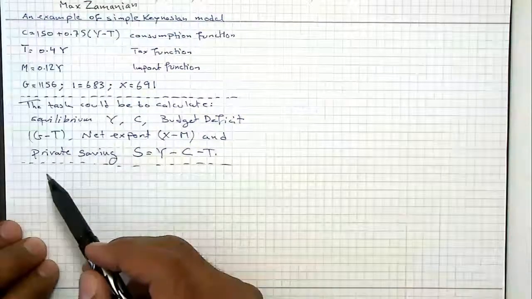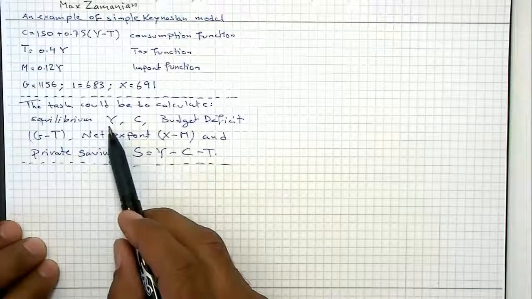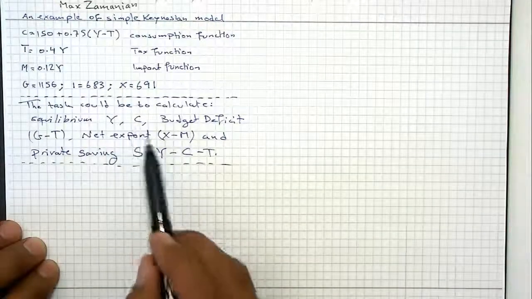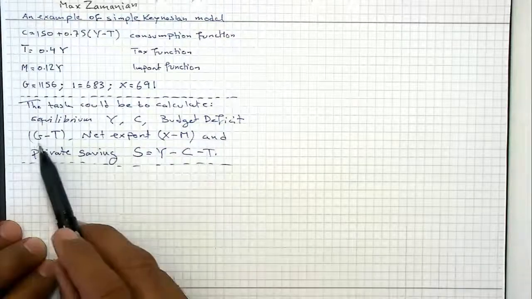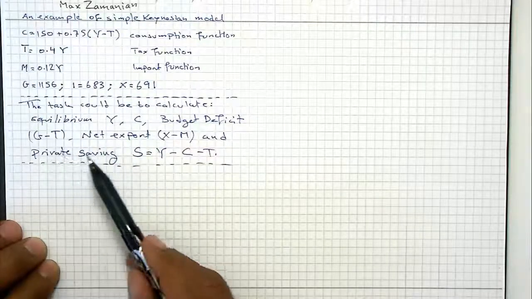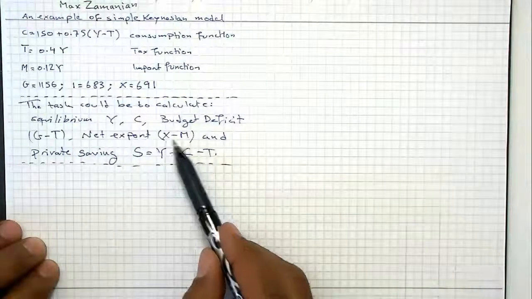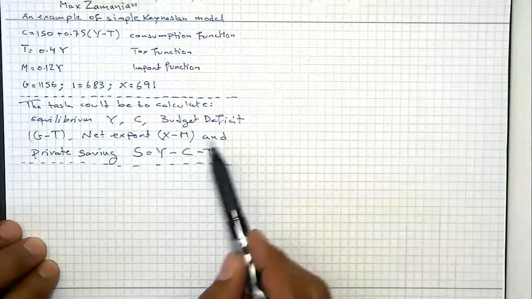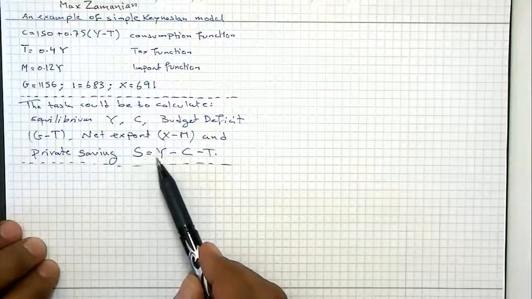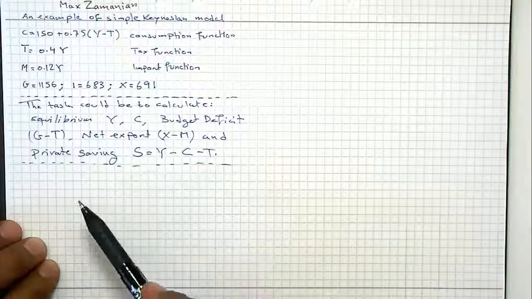In such cases, typically you are asked to calculate equilibrium national income, consumption, budget deficit, which is the difference between government expenditure and tax revenues, and then net export, the difference between export and import, and also private saving, which is equal to national income minus consumption minus taxes.